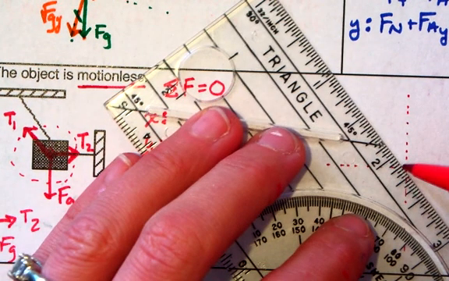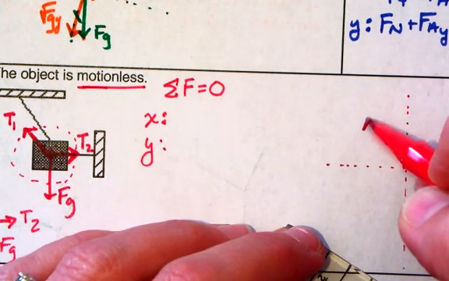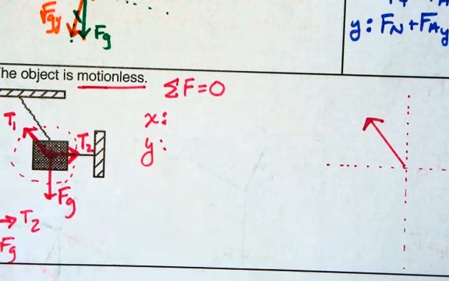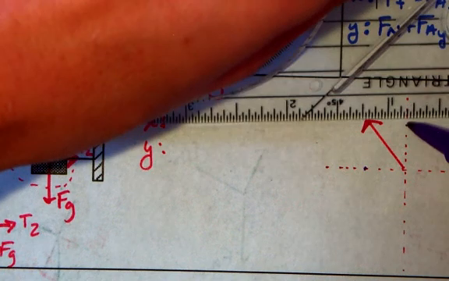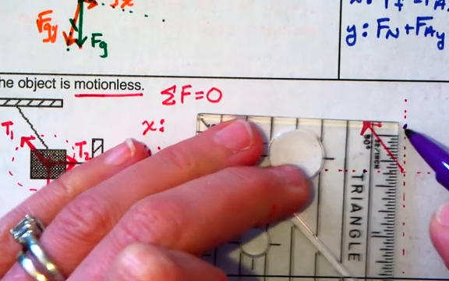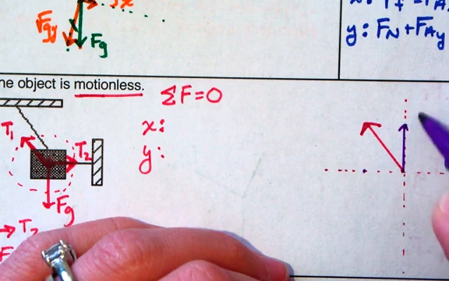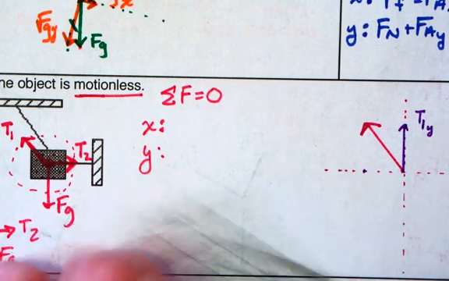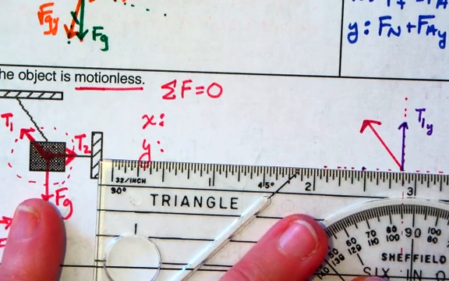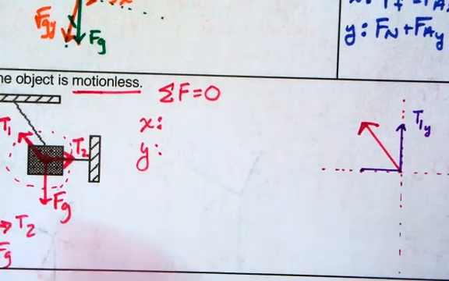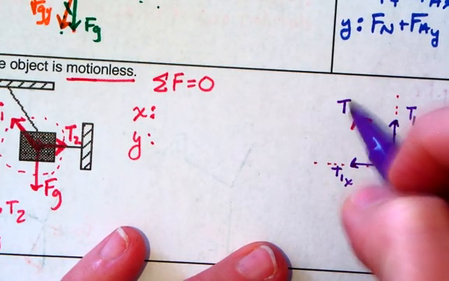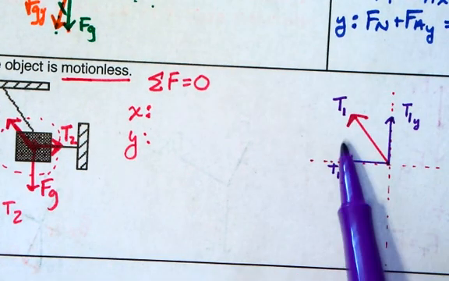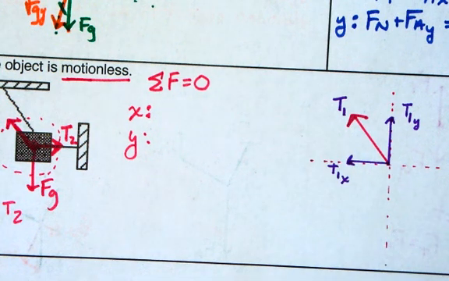So I'm going to draw this way, not too big. And then I'm going to draw the X component here, and the Y component, leave that here. So this is T1Y. This is T1X, and this is T1. Another way we could have said F with a little t, that's another way to write the tension force.